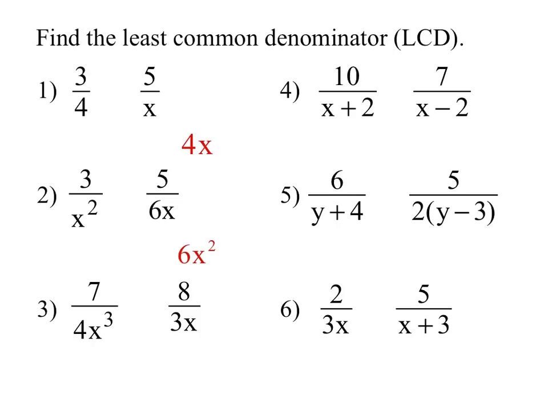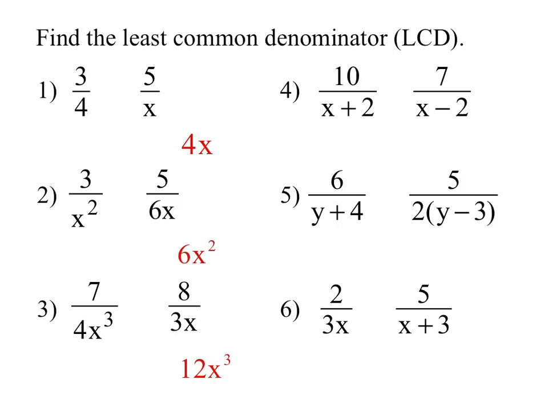And with the variables, it would be x to the third. That means 4x to the third would divide evenly into 12x to the third, and 3x would divide evenly. Another thing that you can do is you can just multiply your factors in the denominator to get a least common. Sometimes it turns out to be a common, not a least common.